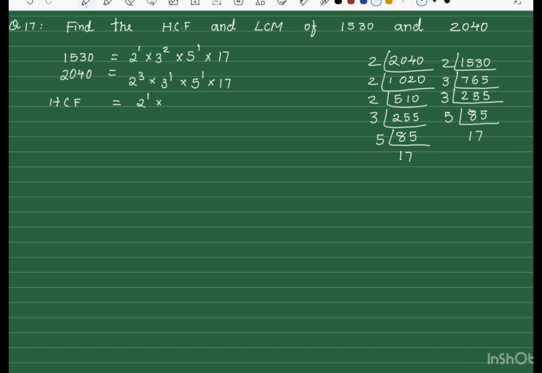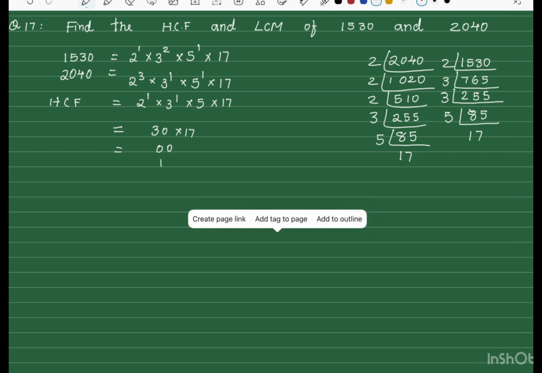So 2 to the power 1 multiplied by 3 to the power 1 multiplied by 5 and 17. So HCF is equal to 510.